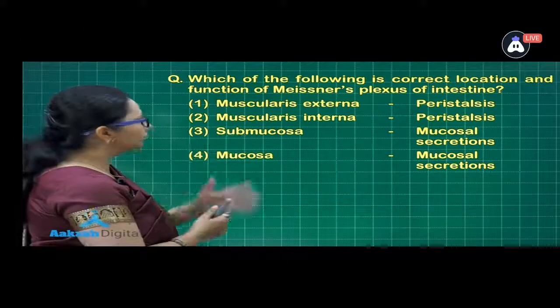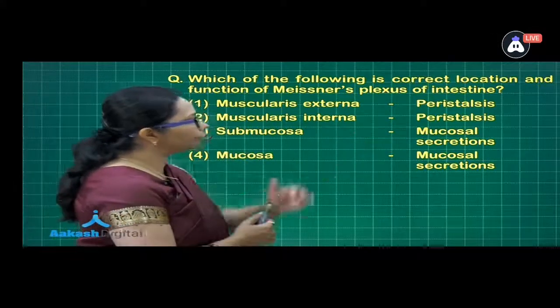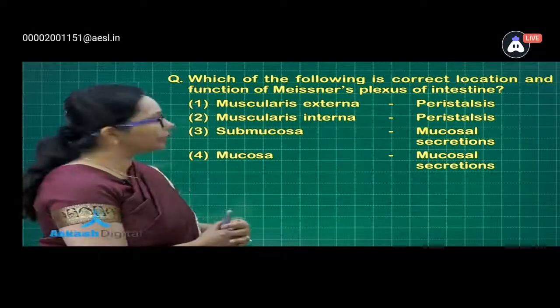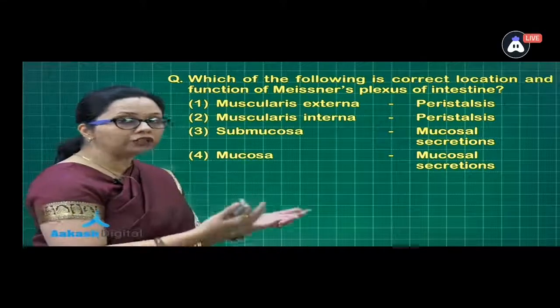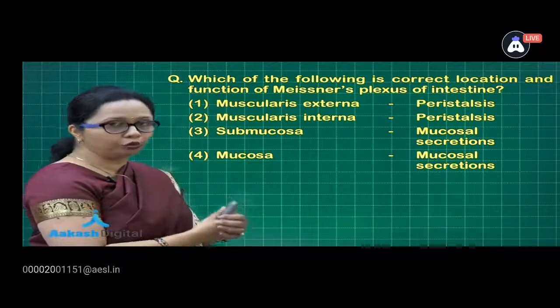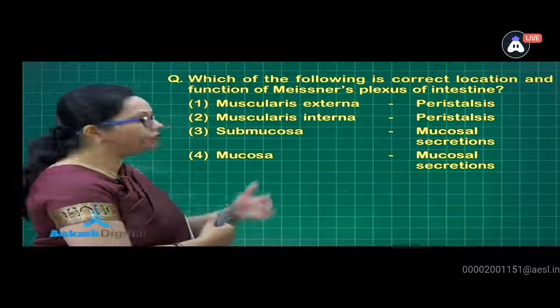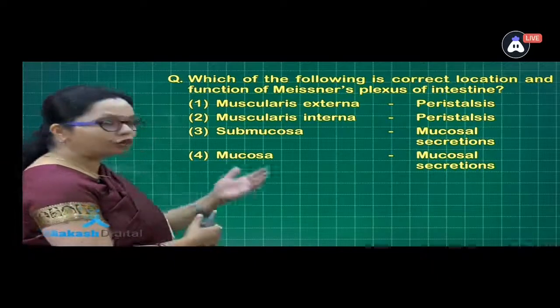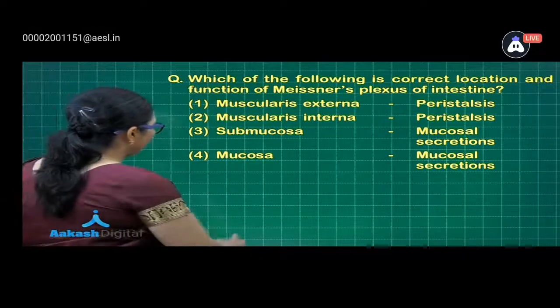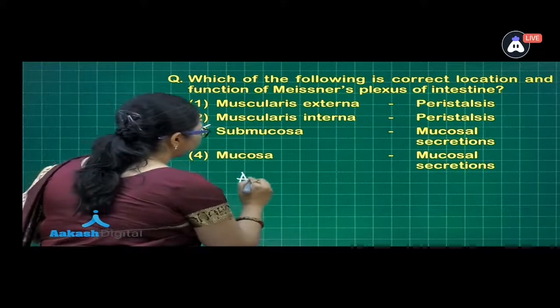Muscularis interna is incorrect. Submucosa, and it is responsible for the various mucosal secretions, because the glands in our digestive tract are basically in the mucosa, although there are exceptions to that too, which we will see when we study other parts of the alimentary canal. So, our answer is option number 3.